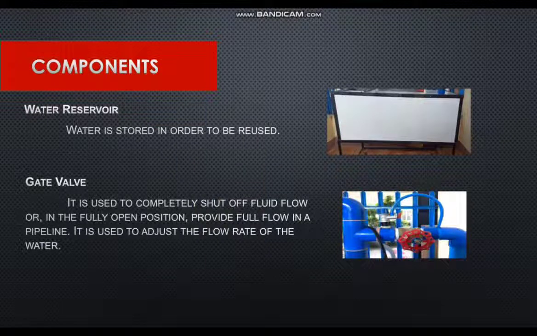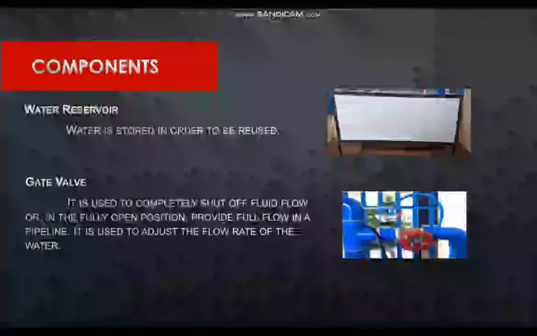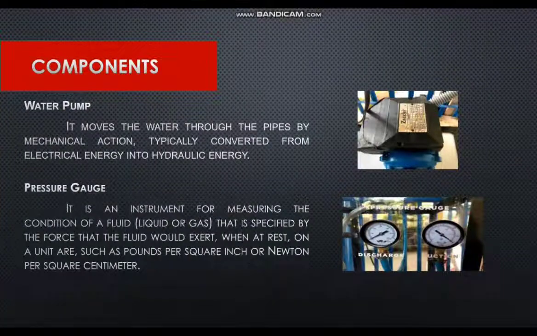Components of the setup. Water reservoir, where the water is stored in order to be reused. The gate valve. It is used to completely shut off fluid flow or, in the fully open position, provide full flow in a pipeline. It is used to adjust the flow rate of the water. The water pump.